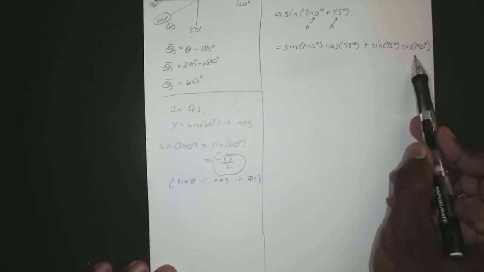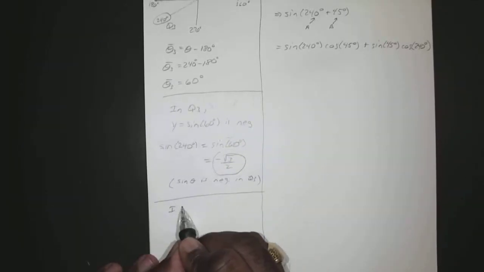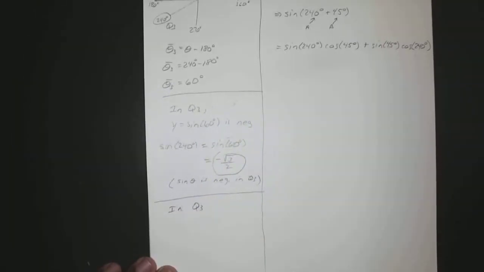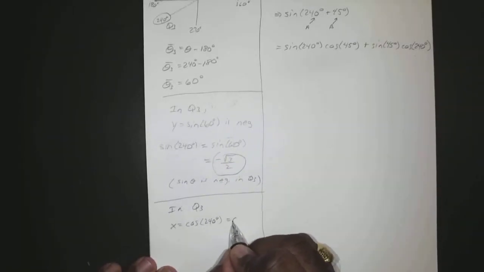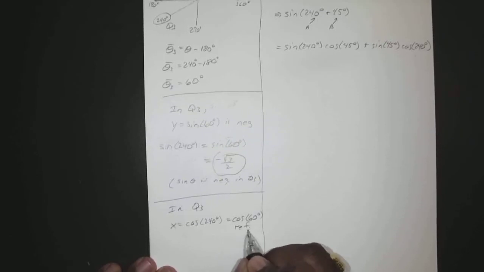Okay, and we do the same thing for cosine of 240. And quadrant 3, because remember, x is our cosine. X equals cosine 240 equals cosine of 60. Remember, that's our reference angle.